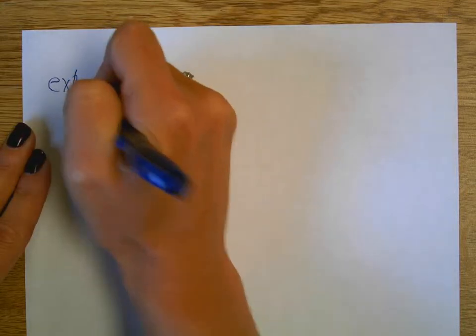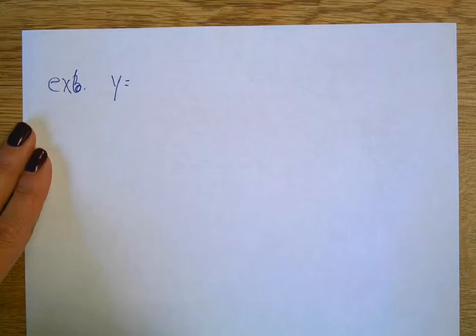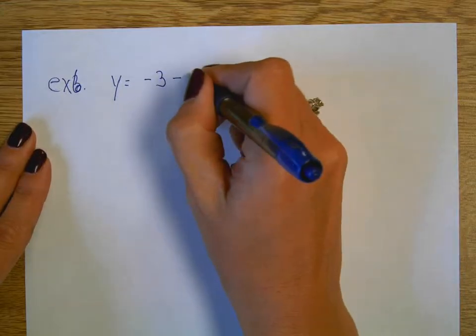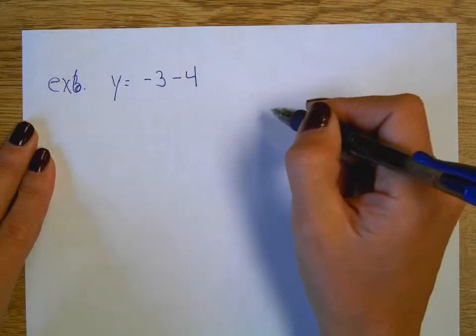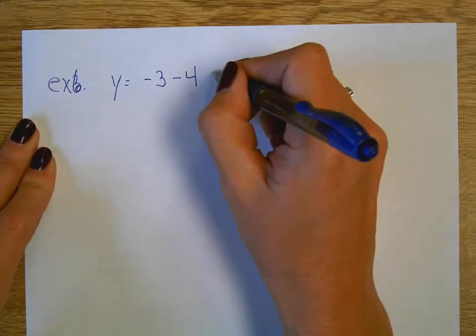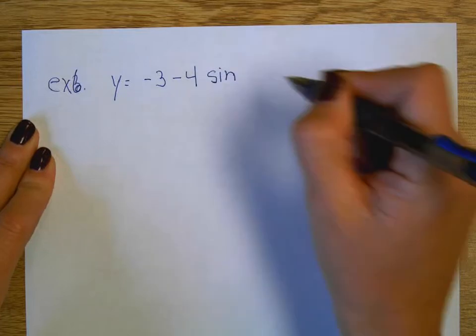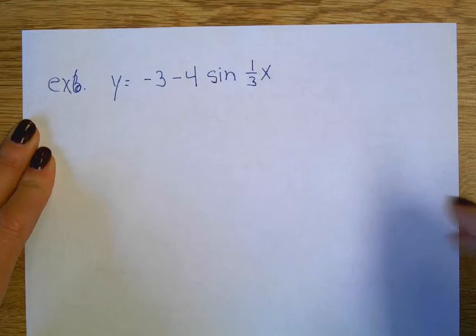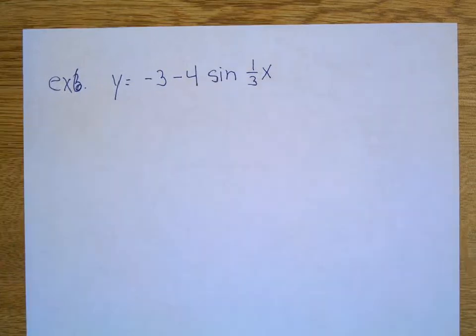Oh, and what's my third one of those? That's what I'm stuck on. You can pick sine or cosine. Sine. Actually, well, she already wrote it down. So. Okay.